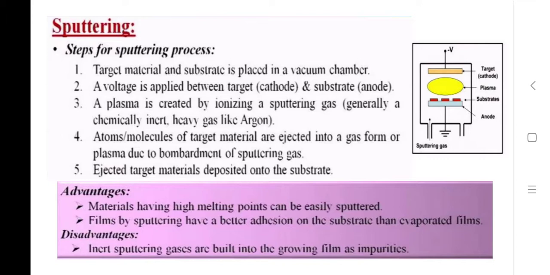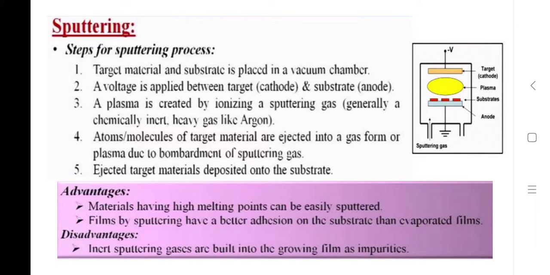Now next is called sputtering. It is a common method, an easily available method, and nowadays we are extensively using this patterning technique everywhere. Steps for the process: first we have to put a target material, and the substrate is placed in a vacuum chamber, as I have shown in the figure also.